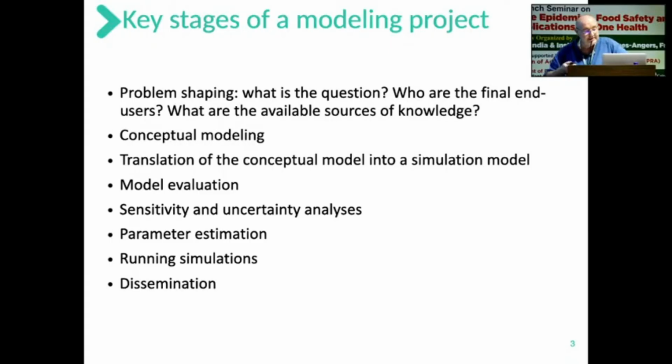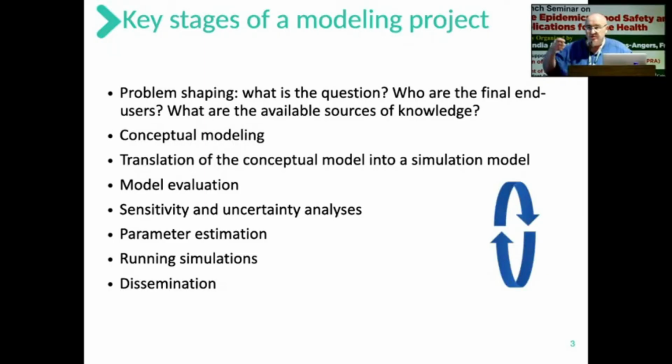So these are the main phases of a modeling project. And of course, it's not linear. You have a loop, because all these stages are in interaction and you always go back to your model. It's also a nice way to interact between data sets provided by experiments or observations and the model being developed.